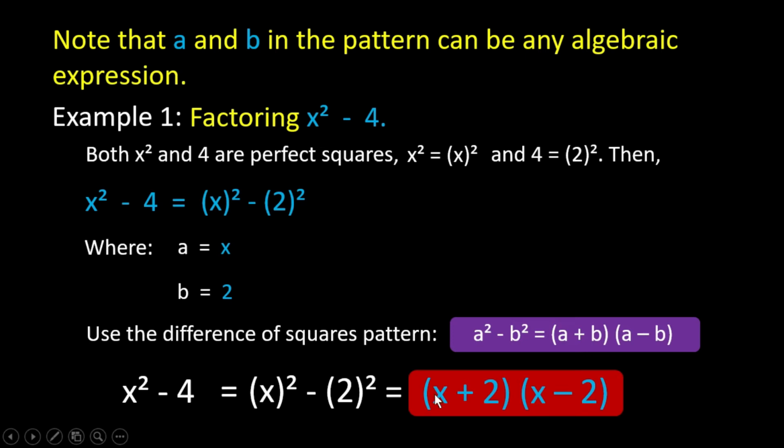So, makukuha na natin yung dalawang factors ng iyong binomial. Okay? So, para mas lalo nyong maintindihan ito, magbibigay pa ako ng isa pang halimbawa. Para naman sa ating pangalawang halimbawa, meron tayong factoring 4x squared minus 36.